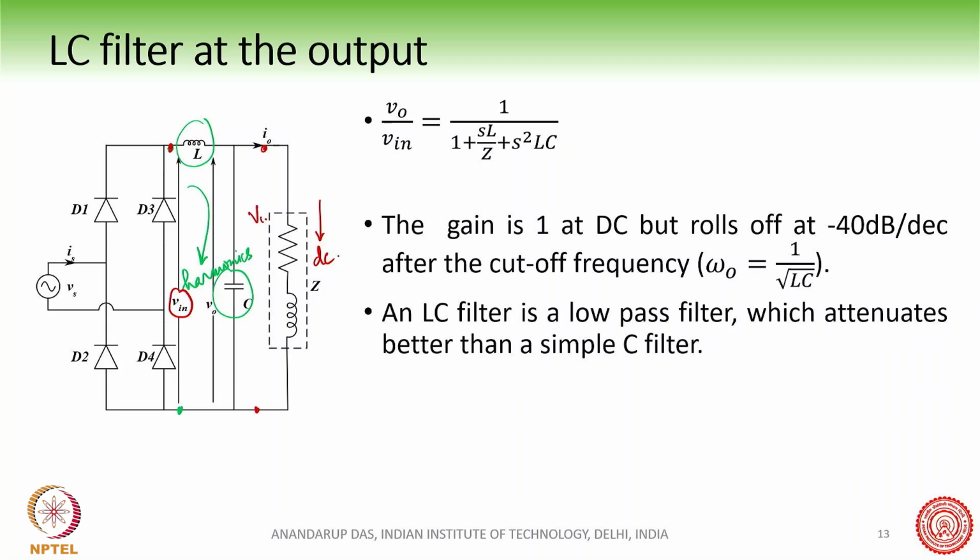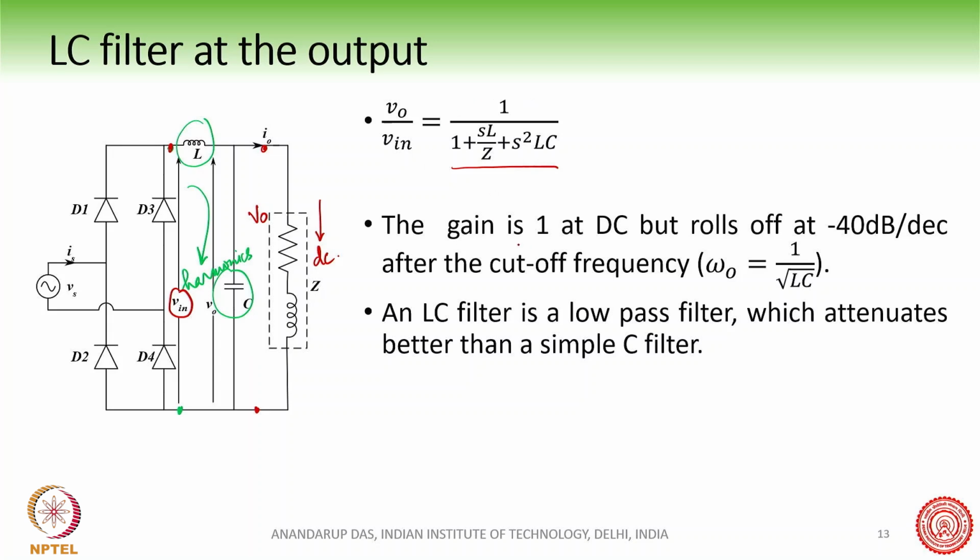We want V0 to be a perfect DC. So all the harmonics should go through the LC filter. But now if you see the LC filter, you can see the voltage gain of the filter, and you can just put the transfer function of this one, and you will find that it has a transfer function like this.